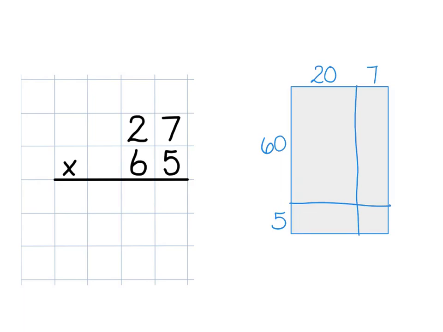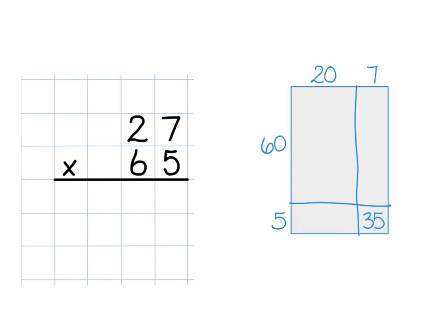Now it's time to multiply them together. So we always start when we multiply with our ones column. So I'm going to multiply 7 times 5, and we'll get our answer in this box. What is 7 times 5? If you don't know, this is a place where you can write it to the side. If you do know, you know that it is 35.